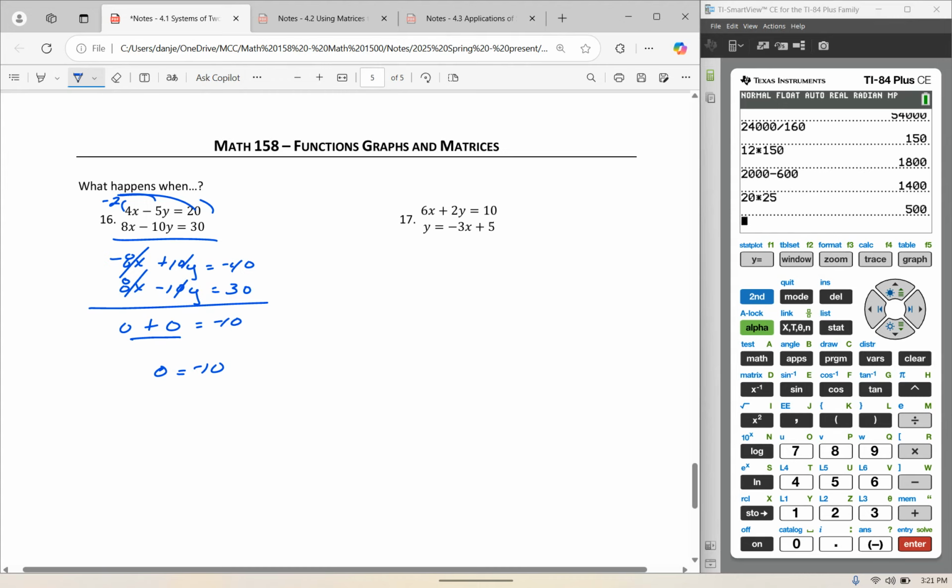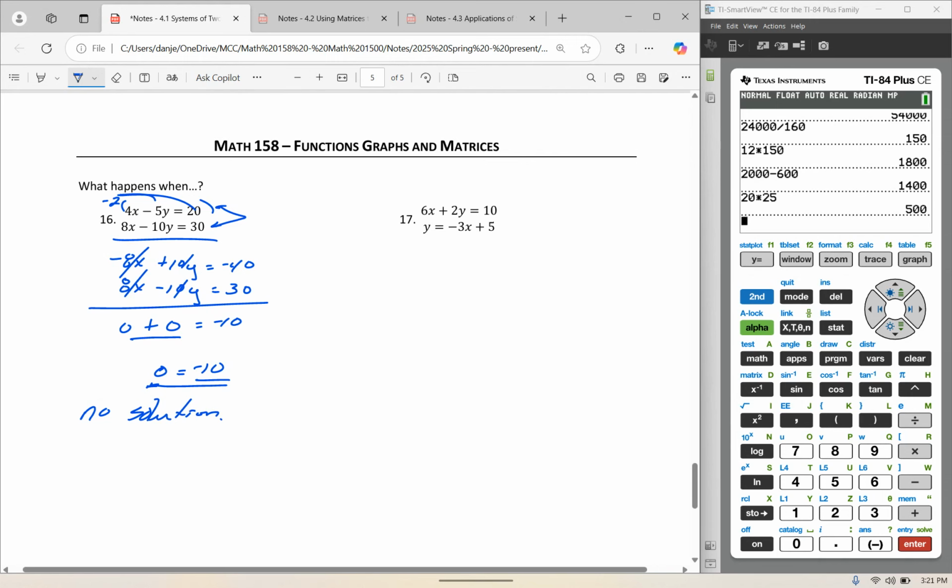You're looking for a solution. When is it that 0 will equal -10? We know that 0 never equals -10, which means there's no x and y value that will make those two equations equal to each other. There's no solution. So we say there's no solution to the system.